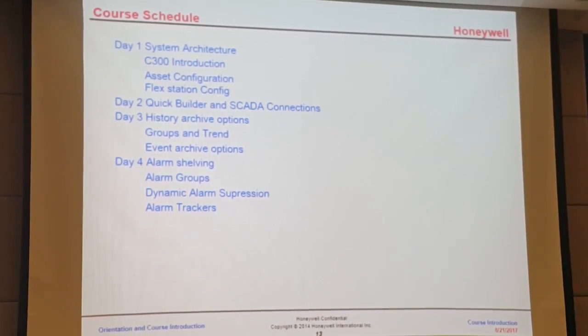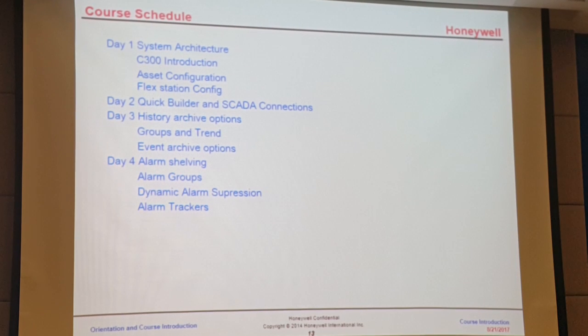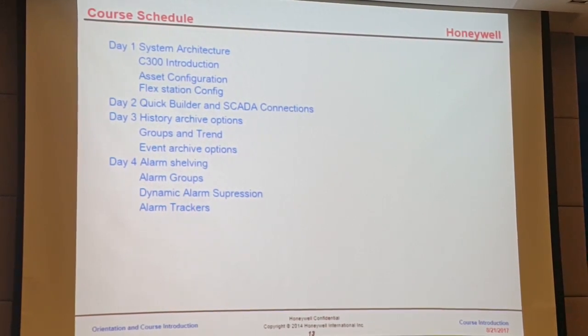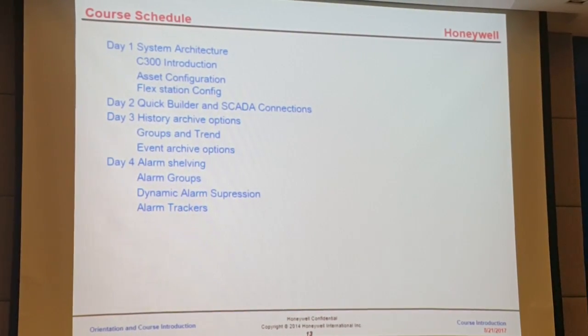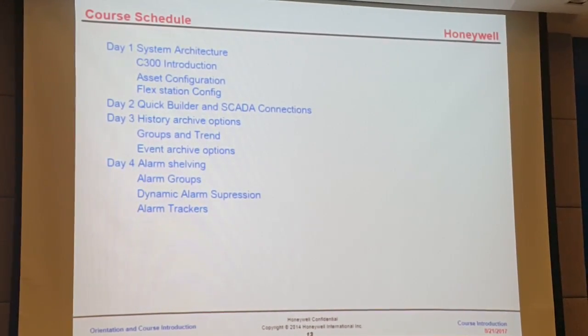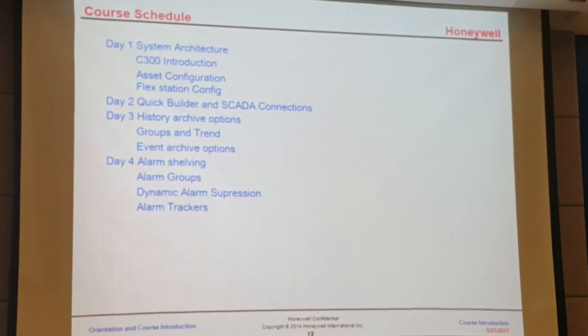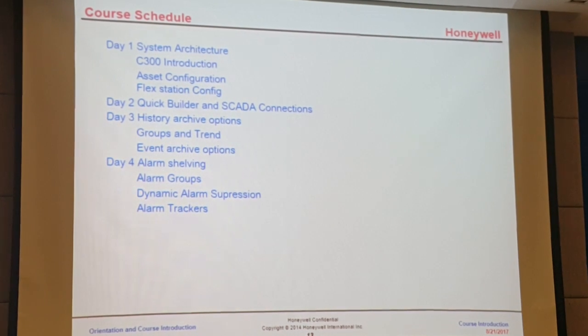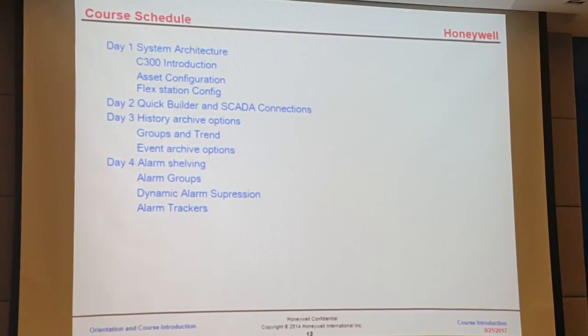And on the third day, we will talk about history key options, and the groups and the trends and event key options. The last day, we will talk about alarm shelving and alarm groups and alarm suppression and finally alarm tracks.